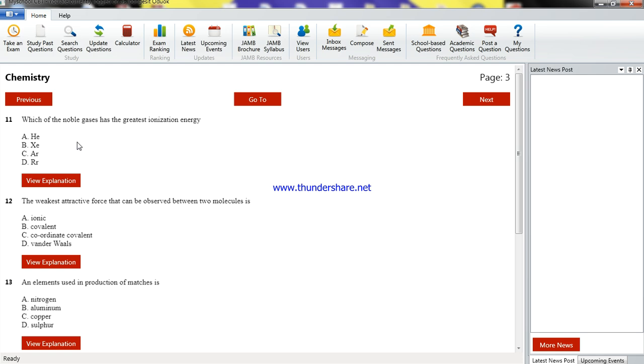Our first question for today says, which of the noble gases has the greatest ionization energy? When you study the periodicity of elements, periodicity is the recurrence of similar phenomena at regular intervals.